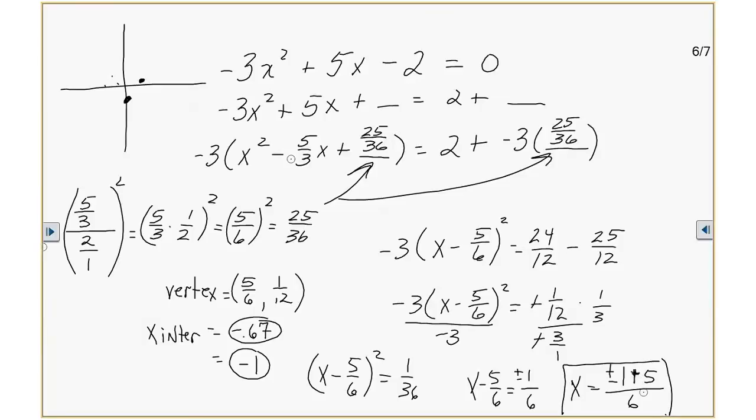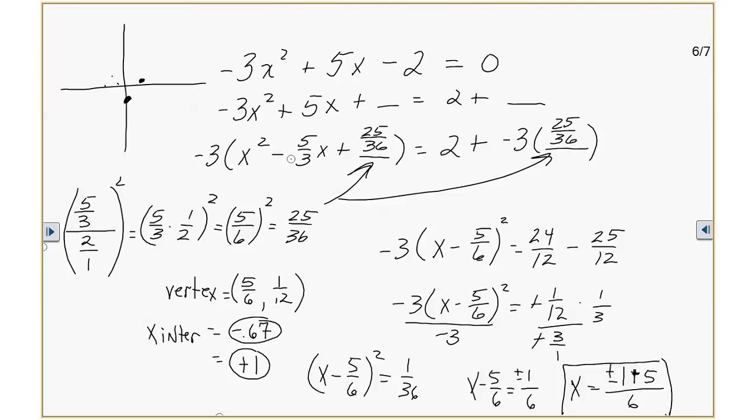Now, I did this on purpose because I'm not worried about making a mathematical mistake. When you sketch it out, you're going to catch it, just like I caught this one. So now it's going to be 1 plus 5 is 6, 6 over 6, so that's going to be a positive 1.